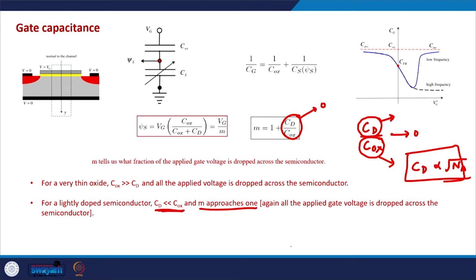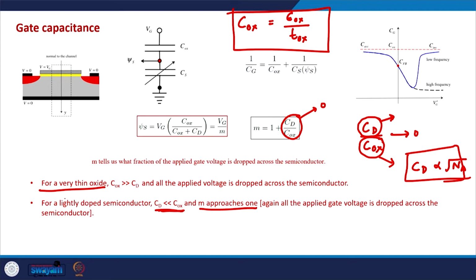The second way is by taking a very thin oxide. If you recall the formula of Cox, Cox is epsilon ox divided by Tox, the oxide capacitance per unit area. If Tox is extremely small, Cox becomes larger, and Cd by Cox becomes smaller.